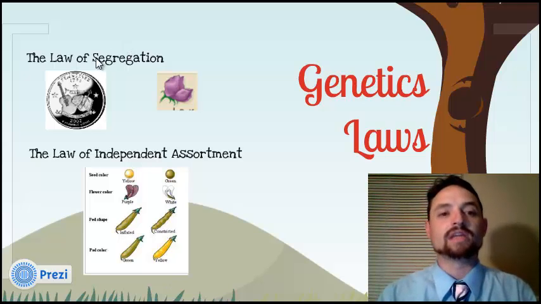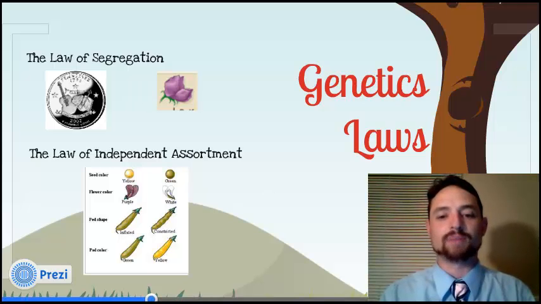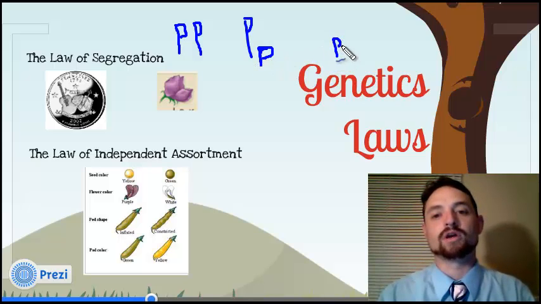The first is called the law of segregation. The law of segregation says that for each parent there are 2 alleles. So for purple you've got big P, that was the true breeding parent. The F1 generation was big P, little p, and the other true breeding parent we know was little p, little p.